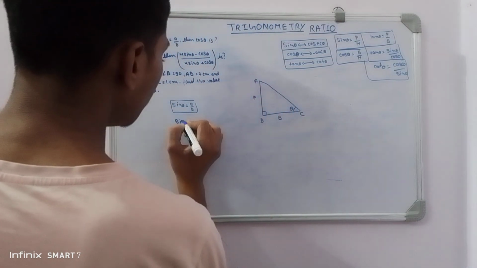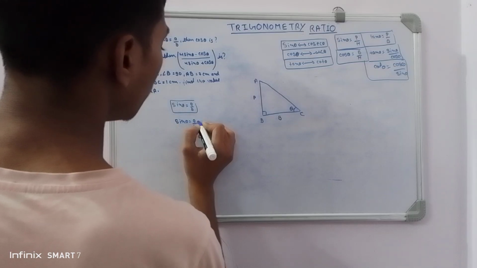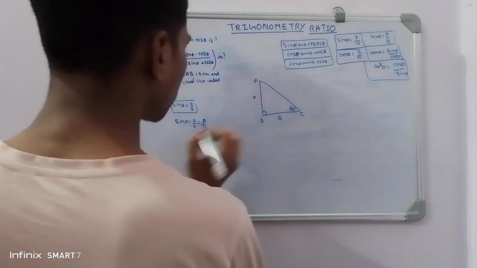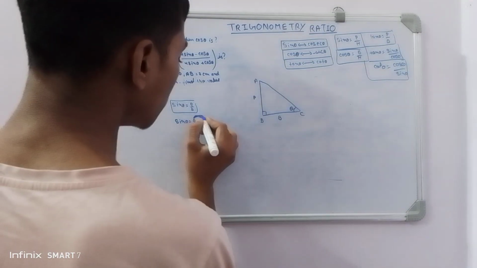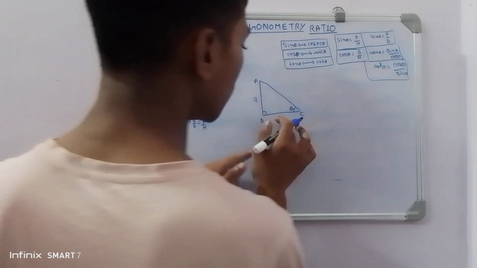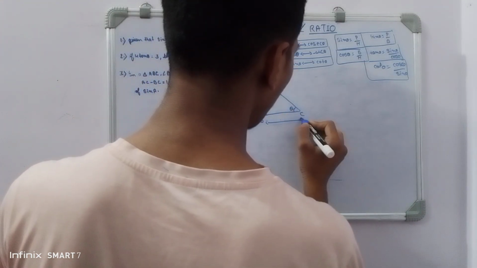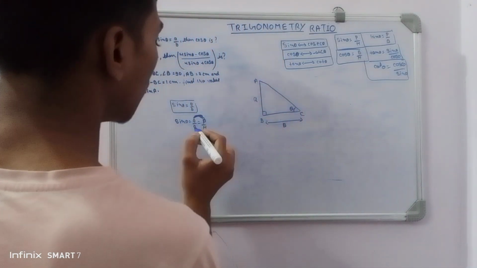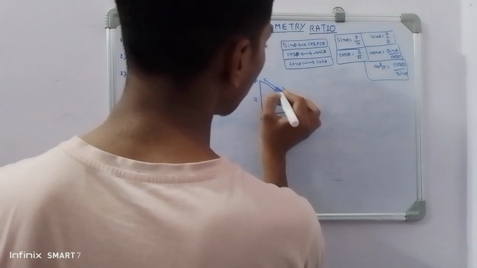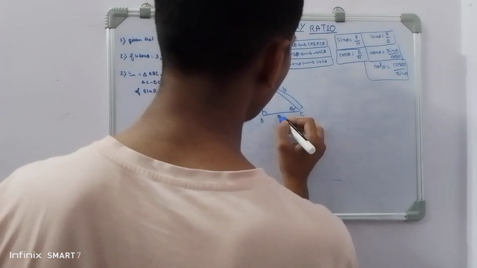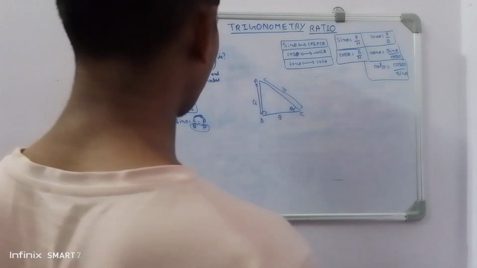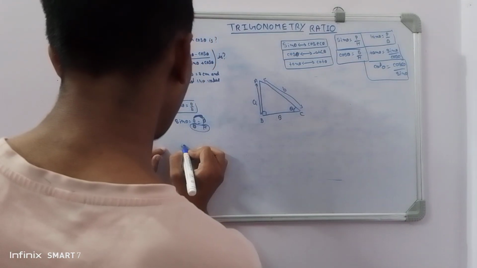Now sin theta is equal to A by B, and you know that sin theta means P by H. So from here you understand that P is equal to A, and H is B. So the length of AC is B, and the length of AB is A, which is given in the question. But what you have to find is cos theta.